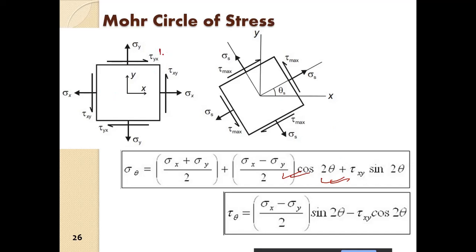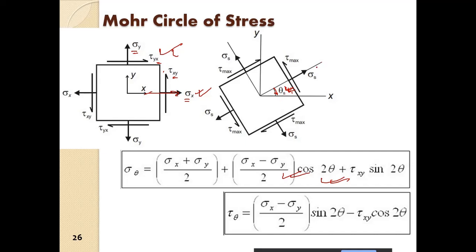This is the element, so you are applying sigma x and sigma y and tau x. This is the angle of inclination, theta, with this sigma x. This is the angle of inclination in this case.